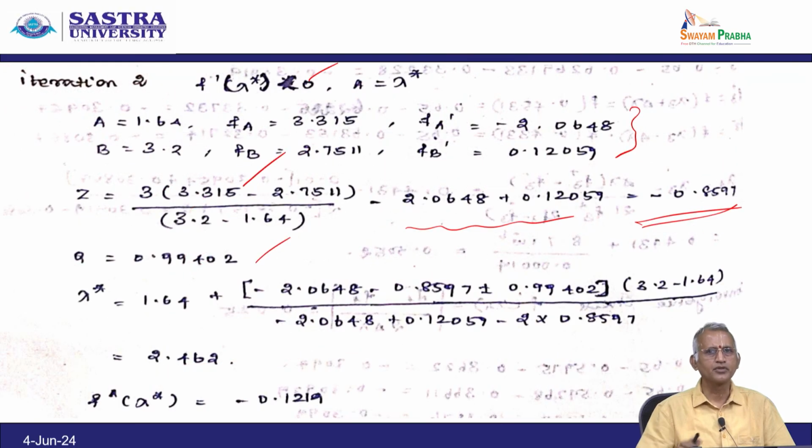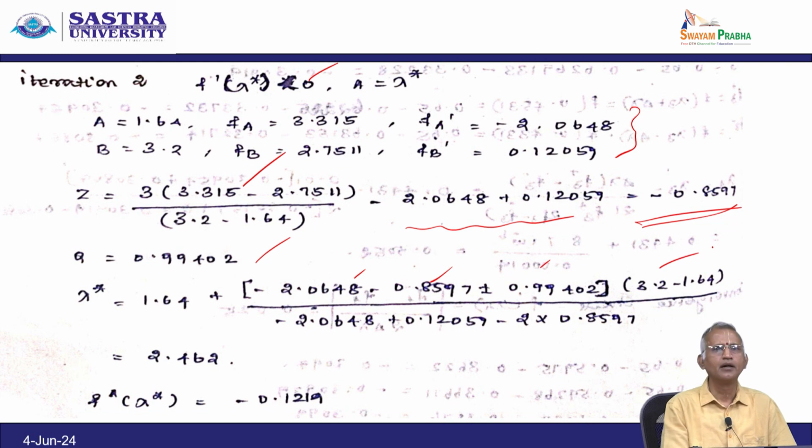So, substitute the values of these into (b minus a) by (f a dash plus f b dash minus 2 times of z). So, we have 2.462. Now we calculate f dash of lambda star equal to minus 0.129.